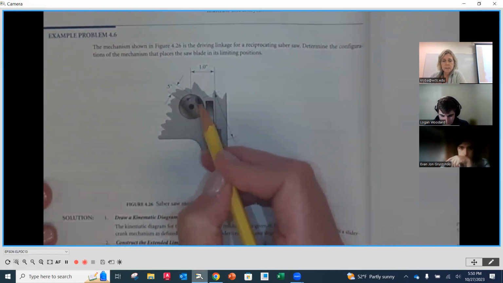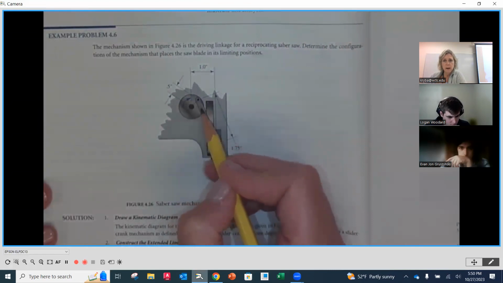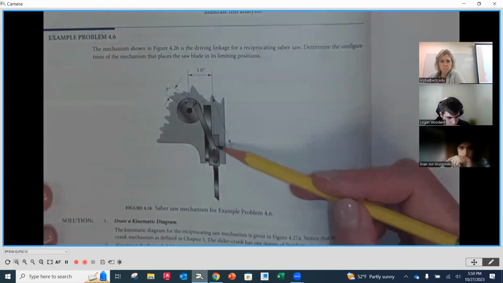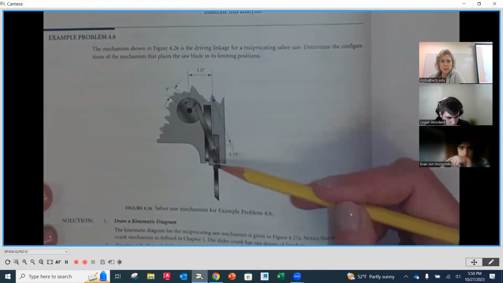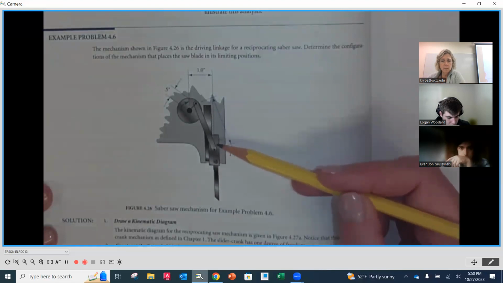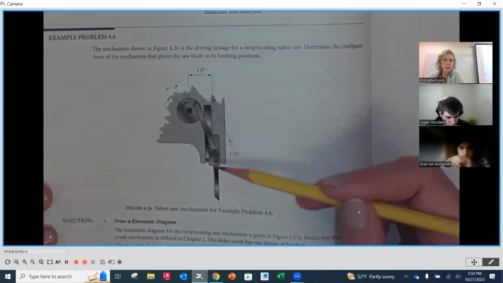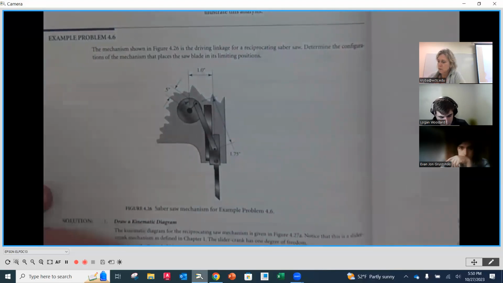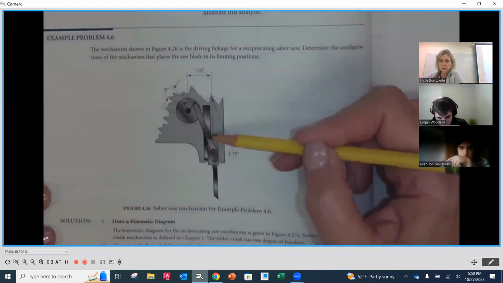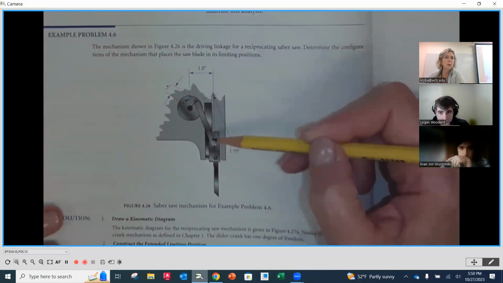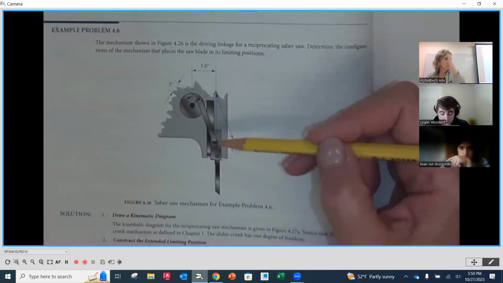This is going to be our crank and it's going to rotate around. Now that's going to connect to our slider that is constrained to a vertical linear path. And then the blade itself is connected to that. So we want to know what is the furthest down position for that slider, and what is the closest up along that line of action.